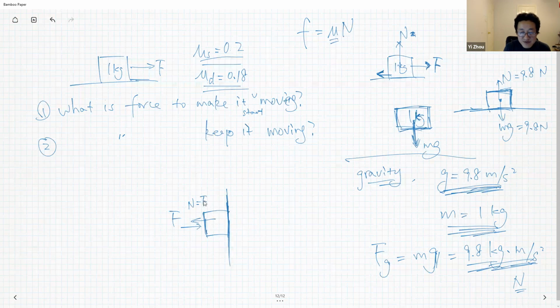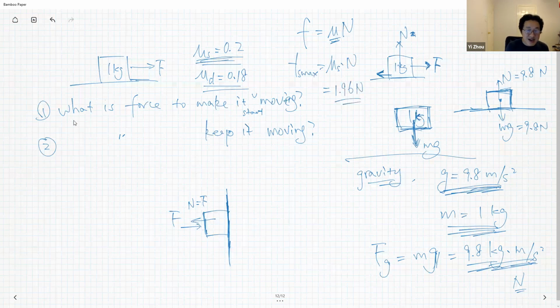Then the friction will be the normal force times the coefficient. So in this case, if the mu s is 0.2, that means the maximum static friction is mu s times N. So what is it? 1.96. Okay, yeah, it's 1.96 newtons. So that's the maximum force.